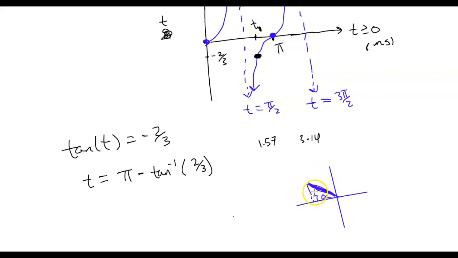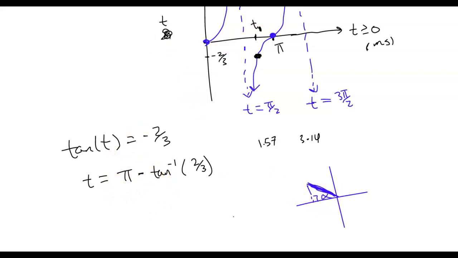Whenever we talk about a reference angle, it is an angle defined between the x-axis and the terminal side, and it is always assumed to be a positive angle, meaning it's an angle that spins counterclockwise. And in this case, since we're dealing with a tangent inverse function, it has to be in quadrant 1.